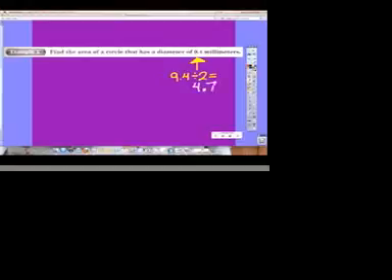All right, so let's write down the formula. Area equals pi times r times r. So pi, let's all just use 3.14. Times that by the radius, that's 4.7. And then times it again by the radius, 4.7. Okay, get ready. I'm going to call on anybody I want. Raise your hand when you have it.